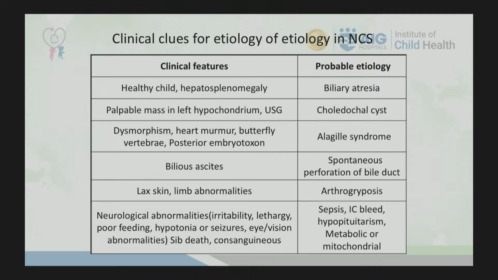Bilious ascites suggests spontaneous perforation of the bile duct. With lax skin, limb abnormality, arthrogryposis, neurological abnormalities like irritability, lethargy, poor feeding, hypotonia, seizures, eye abnormalities, sibling death, consanguineous marriage, we can think about a mitochondrial disease, metabolic disorders or hypothyroidism.